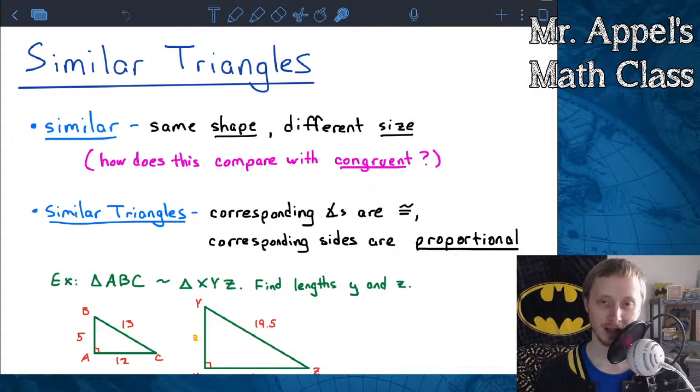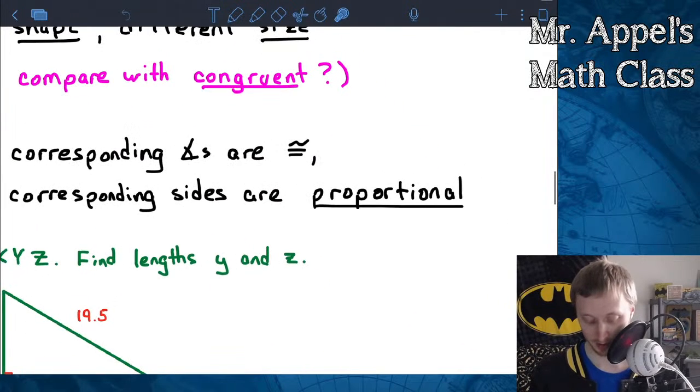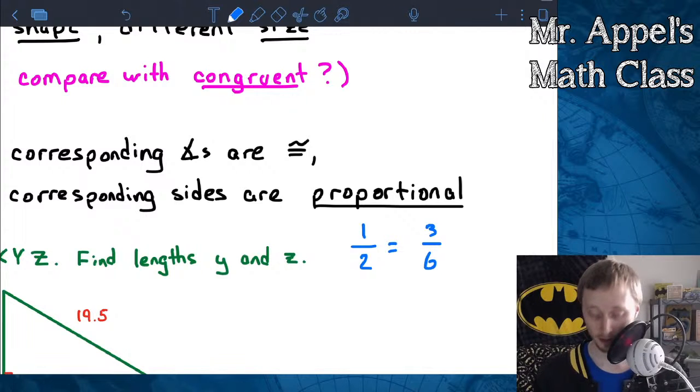Okay? And this is why your study.com lessons this week start with proportions, right? Setting up a proportion. To say that two things are proportional, you are setting one fraction equal to another, right? These two ratios are equal, so they are proportional to each other.